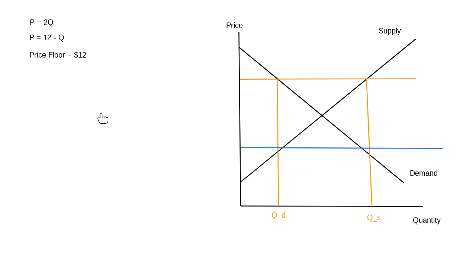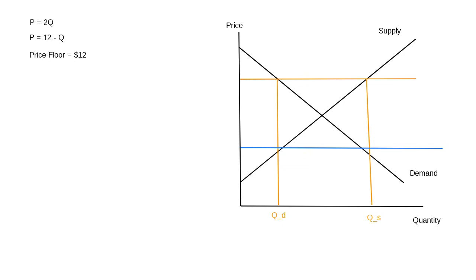Okay, so what we want to do is see how this price floor affects quantity supplied and quantity demanded. So if we plug the price floor into the supply and demand curves, for the supply curve, 12 equals 2Q, and we can find the quantity supplied.